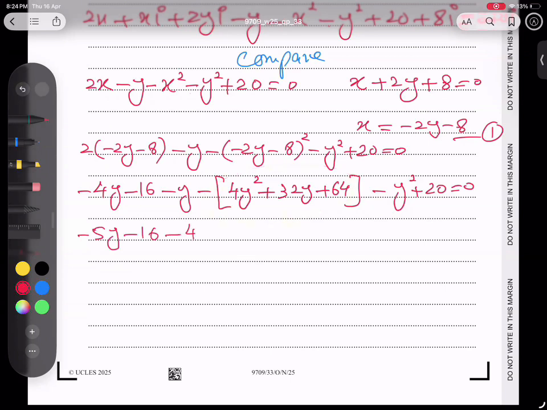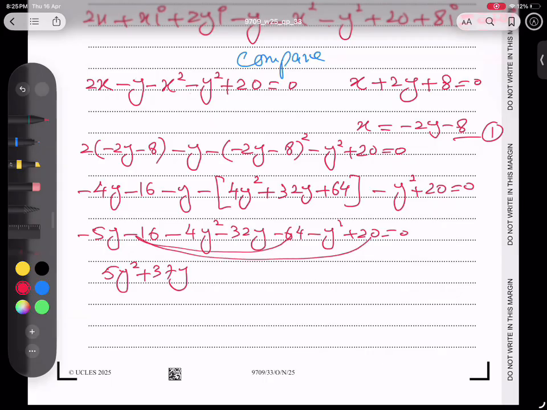So negative 4y square, negative 32y, and negative 64, negative y square plus 20 is equal to 0. This and this will give negative 5y square, but I'm writing 5 positive y square. This and this give negative 37, but I'm writing positive 37. And here, wait a minute, 16. Yeah, this 4 and this one, you get negative 60, but I'm writing positive 60.